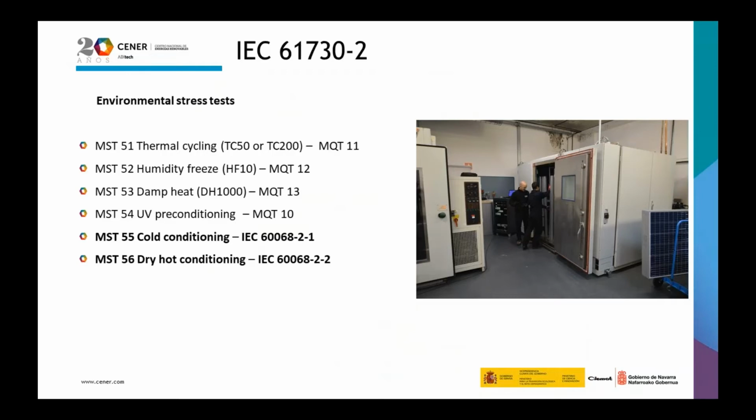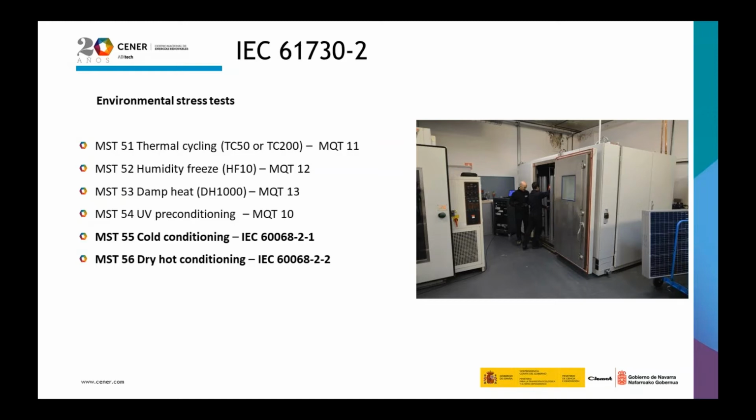Here are listed the environmental stress tests in standard 61730. Four of them are common to the 61215 standard, and two of them are new, the cold conditioning and dry hot conditioning. Here the module has to be in the cold conditioning during 48 hours at minus 40 degrees.